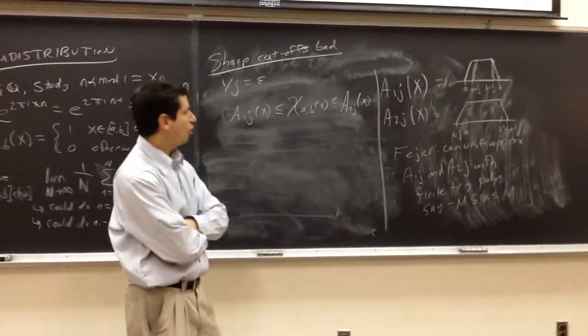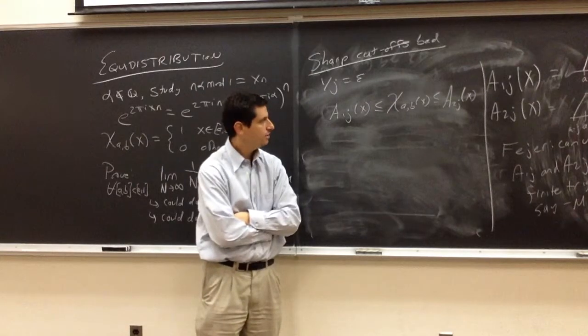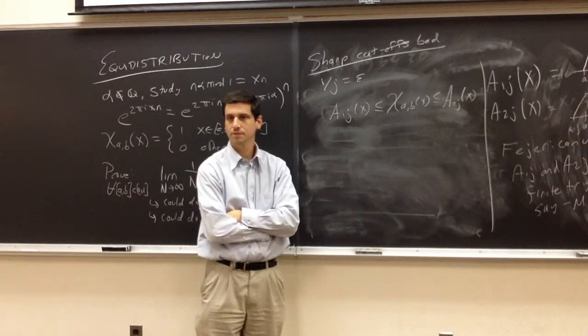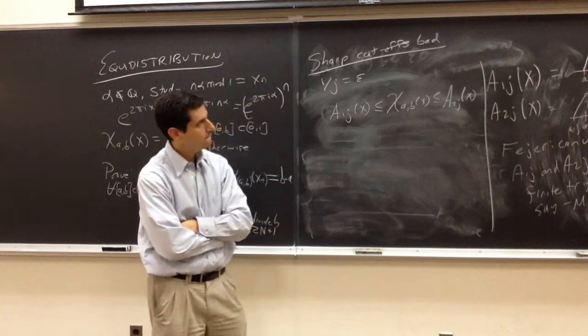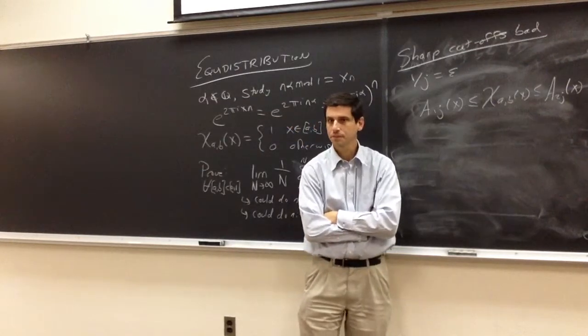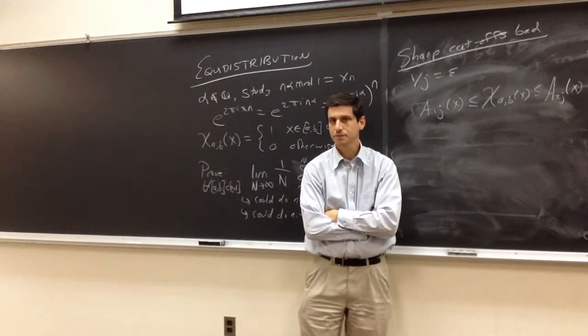Can a1j always be within epsilon of chi_ab? Yes.